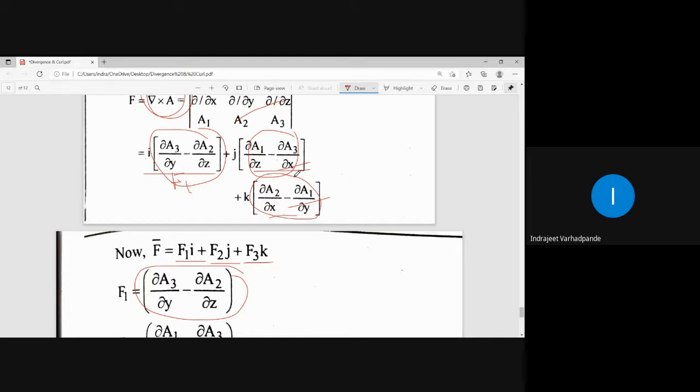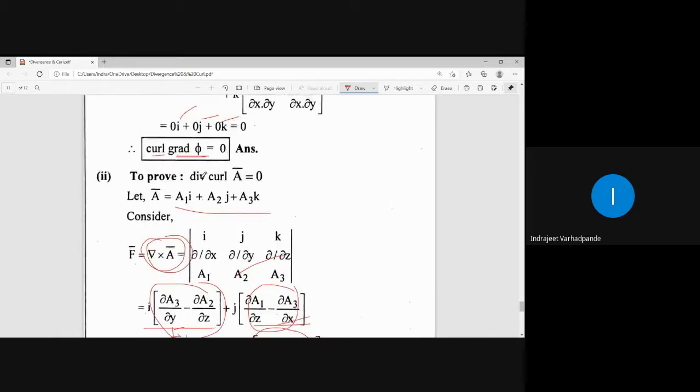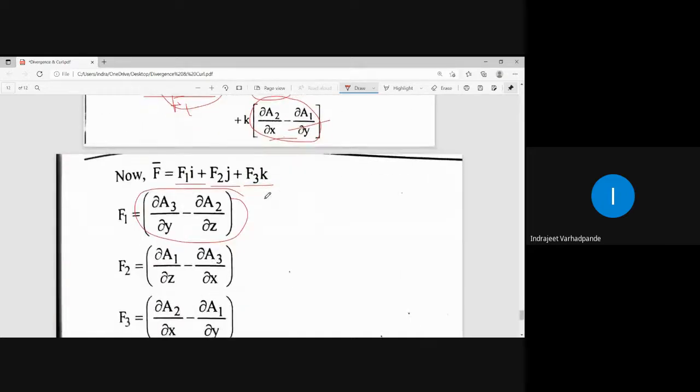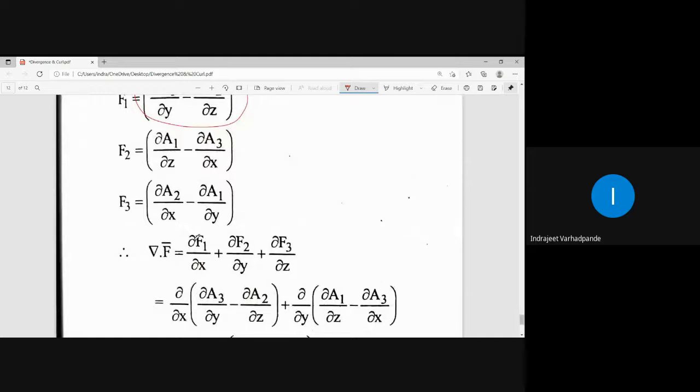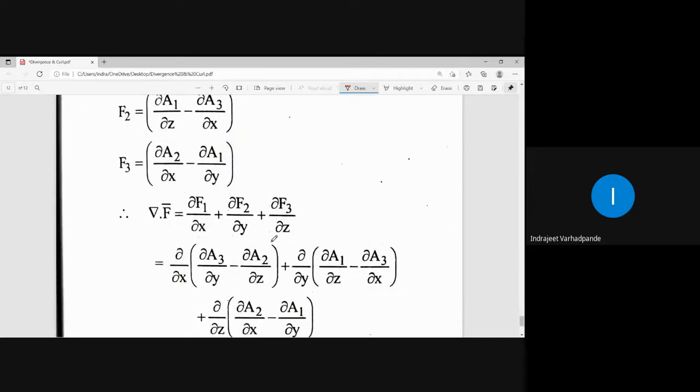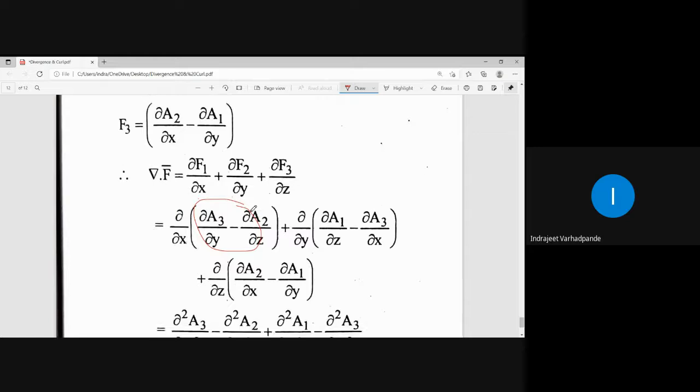Now del dot F bar will be nothing but divergence of this curl A bar, right? So del dot F bar means del F1 by del x, del F2 by del y, del F3 by del z. This particular quantity contains the derivative with respect to y and z. When it will be differentiated with respect to x, y and z will be treated constant.